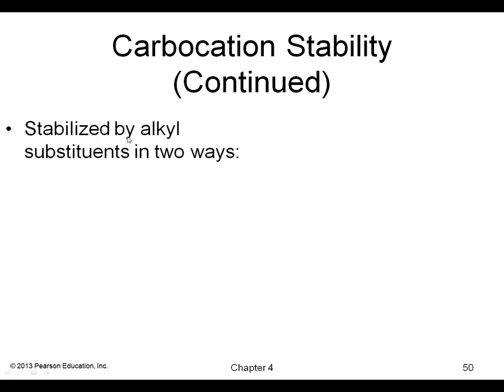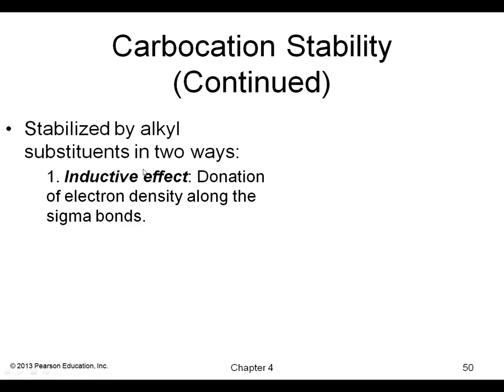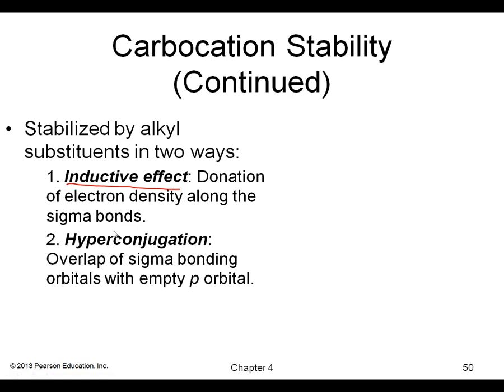So they are stabilized by alkyl substituents in two ways. Okay, so you may wonder why putting more carbons on these makes it more stable. Well, one reason is what's called the inductive effect, which is the donation of electron density through sigma bonds.